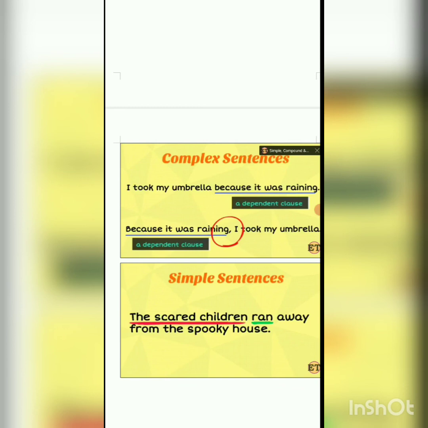But in the first sentence, the dependent clause is at the end, and when the dependent clause is at the end, we don't keep any comma. Simply, children, when the sentence begins with an independent clause, no comma in a complex sentence. But when the sentence begins with a dependent clause, then please do keep a comma to separate both the clauses.